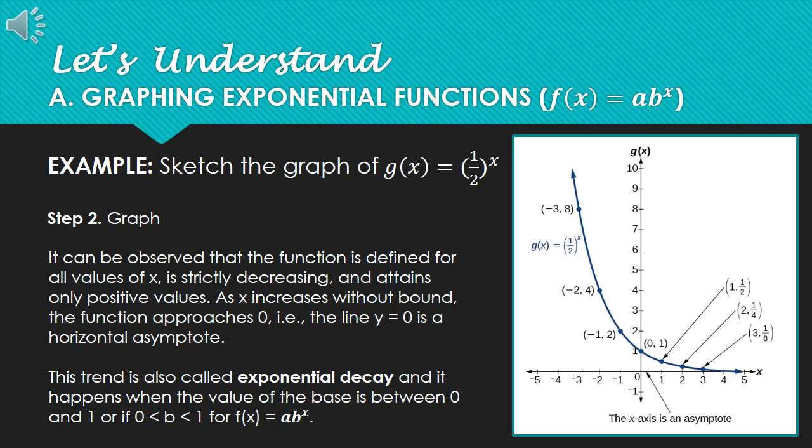It is also strictly decreasing and attains only positive values. So as x increases without bound, the function approaches, and still the horizontal asymptote is y equals 0. So this trend is also called exponential decay.